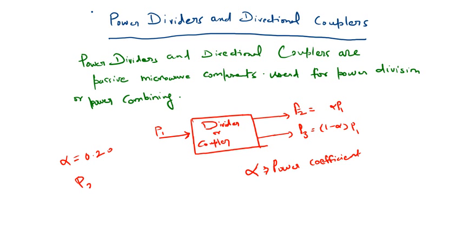Then P2 is 20% of P1 and P3 is 80% of P1. The total power is P1, and it is equal to P2 plus P3.